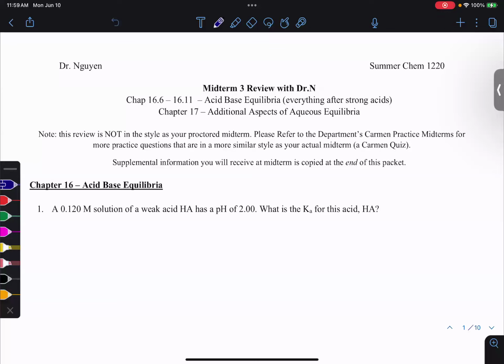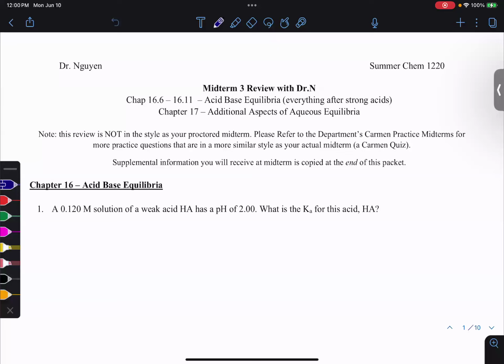So midterm 3. As a reminder, this is the second half of chapter 16. We did strong acid calculations on midterm 2. So midterm 3 is about weak acids, weak bases, their conjugates, properties of salts, Lewis acids, those things, and then all of chapter 17.